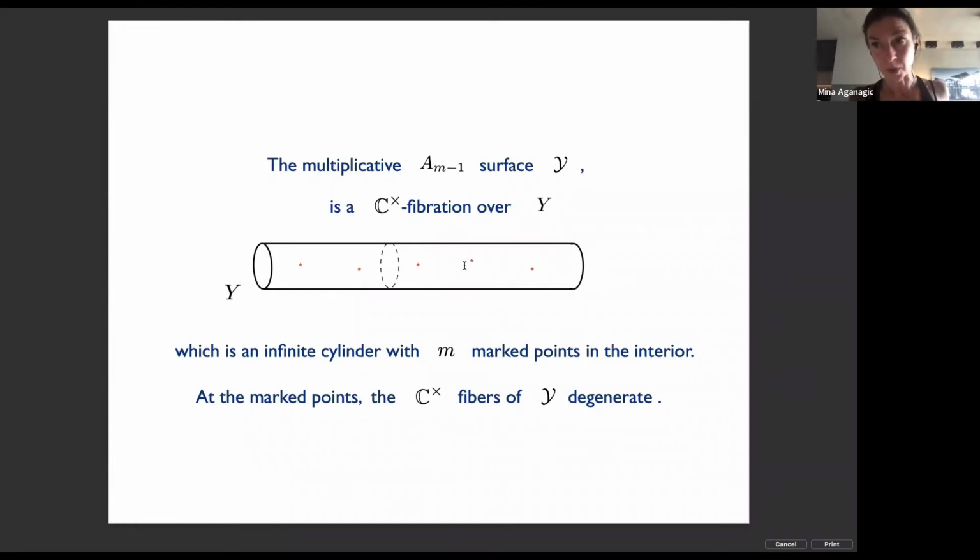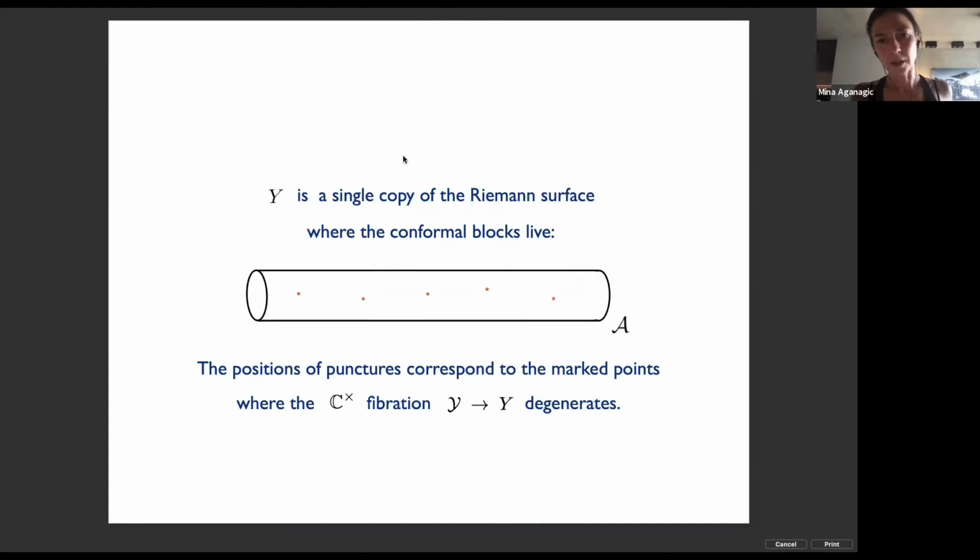At these marked points, the C star fibers of the big Y over small y degenerate. So you'll notice that y is a single copy of the Riemann surface where conformal blocks live, and the positions of punctures of vertex operators is exactly where the C star fibration degenerates.